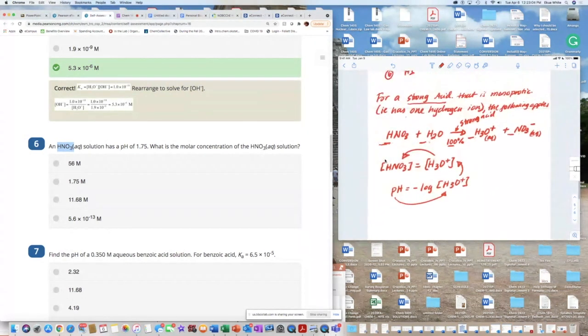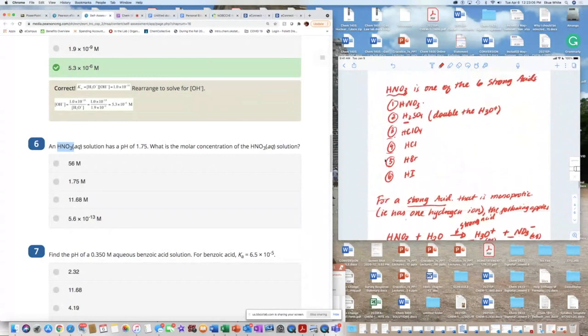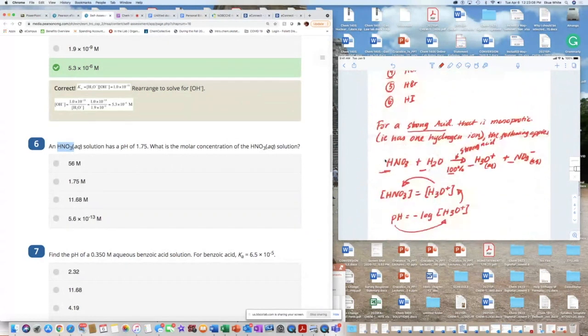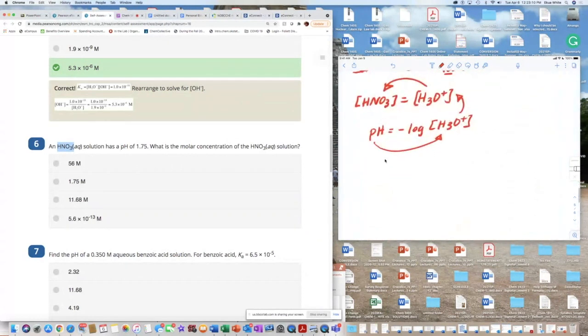So let's see. What was the pH again? 1.75. 1.75 is equal to negative log of H3O+. So I have to find what this is. You can multiply by negative 1 on both sides. This ends up being 1.75 equal, the negative and negative become positive, log of H3O+.